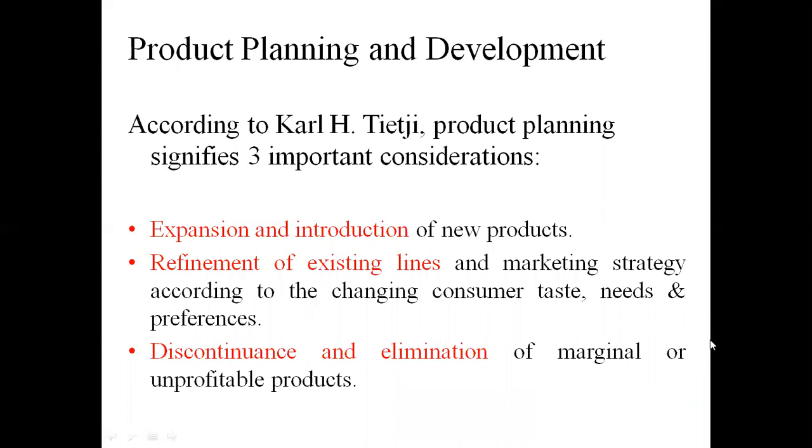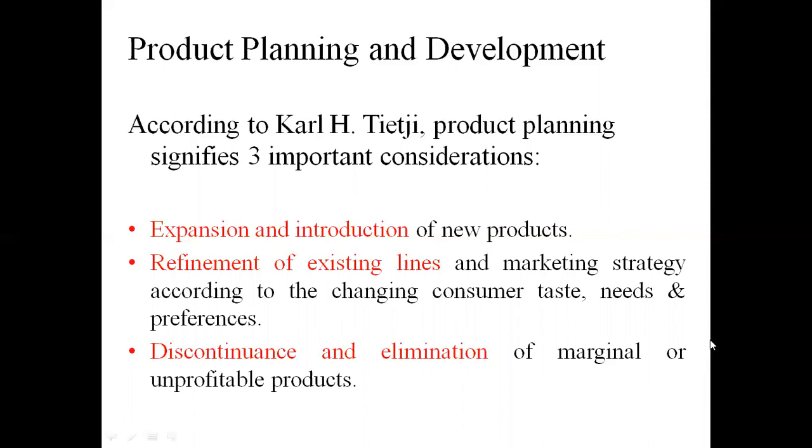So in order to maximize sales, revenue and profit, a business firm must continuously adjust and adapt its new product and services. So from time to time, it may have to design and develop a new product. Product planning is the process of searching ideas for new products, screening them systematically, and then converting them into tangible products and introducing the new product in the market.